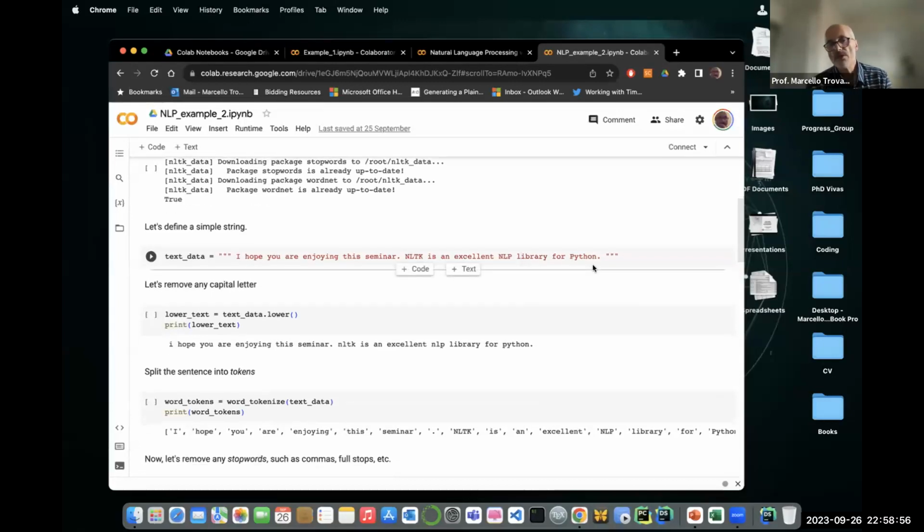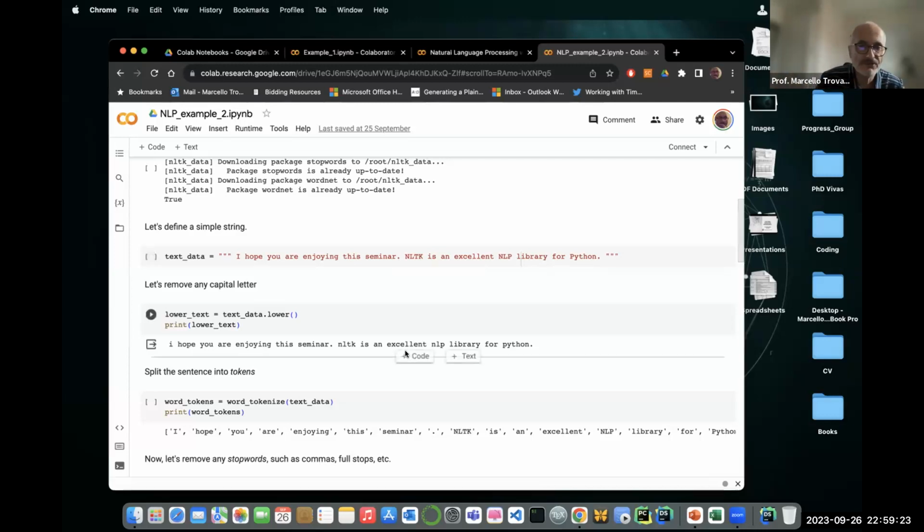So when it comes to any textual analysis, we don't want duplication. A simple example: if I say woman or women, we are referring to the same concept. Woman is singular, women is plural. If I say bus or buses, the same concept, but one is plural, one is singular.